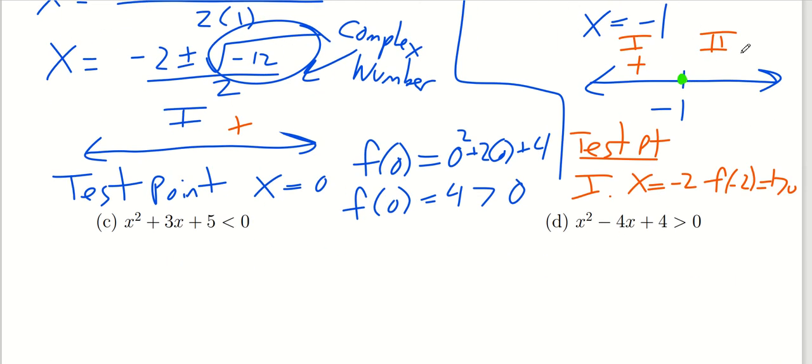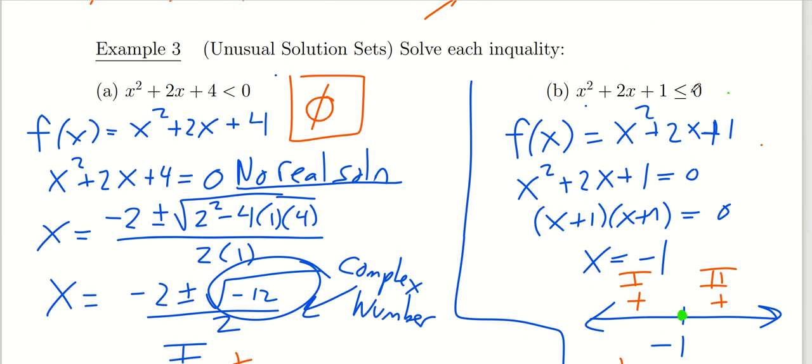In region 2, I'd pick a test point here. I would probably use x equals 0. And I'll leave it up to you, but if you plug in 0, you're going to get 1 out, which is, again, positive. So it's positive in region 1, positive in region 2. To write down our final solution set, let's come back here and look at the direction of the inequality. This inequality is of the form less than or equal to 0.